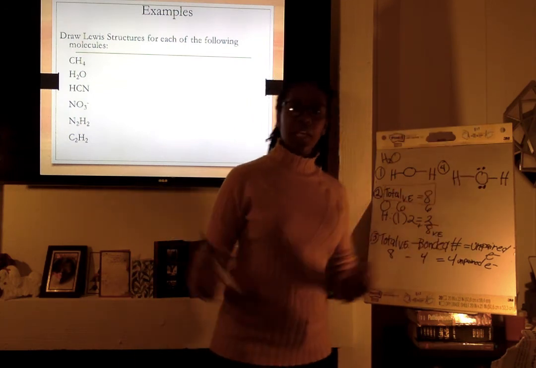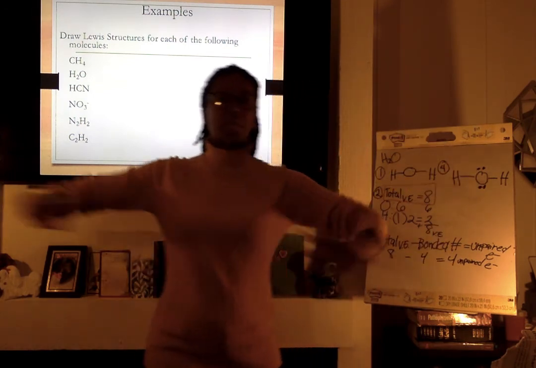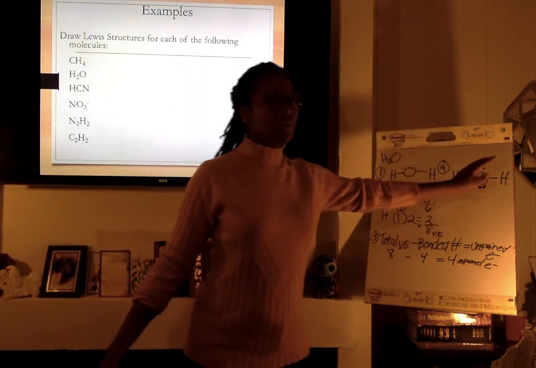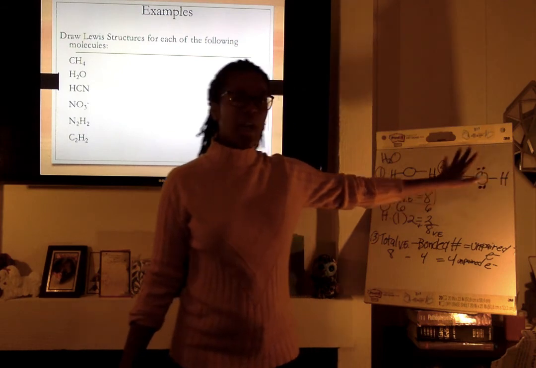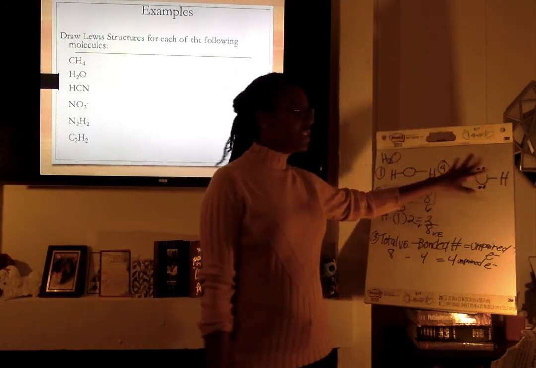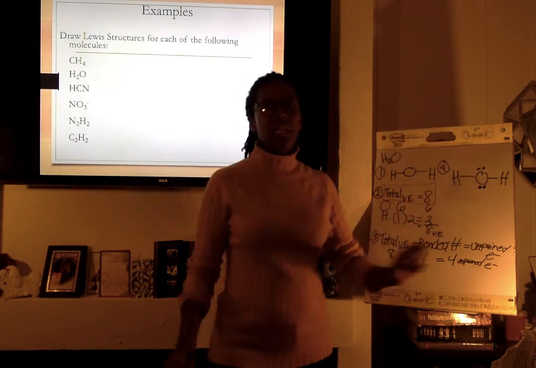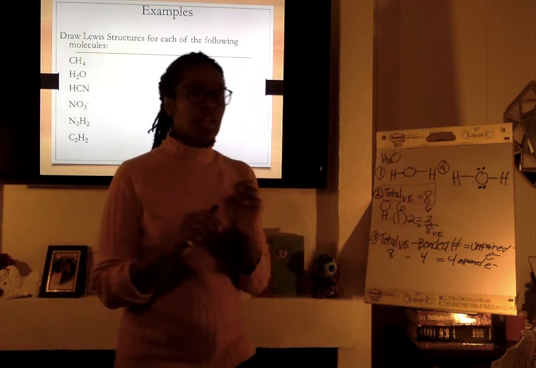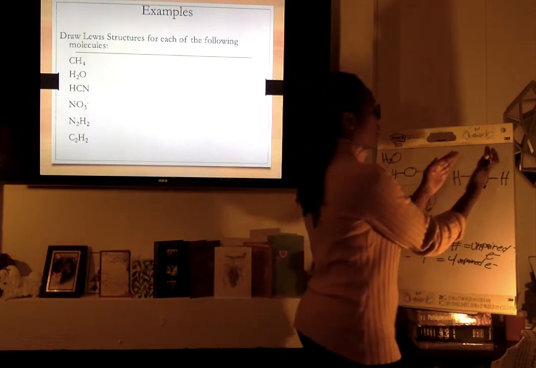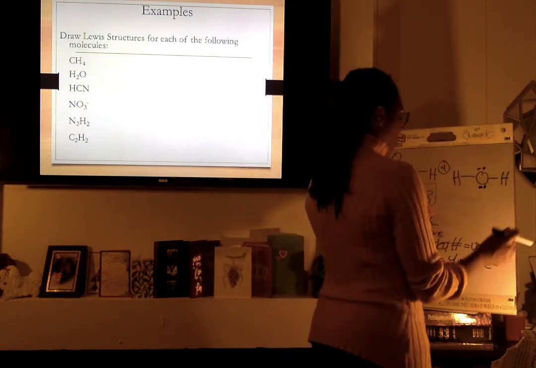Like remember I was saying that all of these things are electrons and they want to be as far away as possible. So these are like huge, right? Because these are bonded to a whole another atom. So the electron force here is way bigger than these two unpaired electrons. So these aren't going to be as far away as possible, right? They're going to be kind of closer to each other.